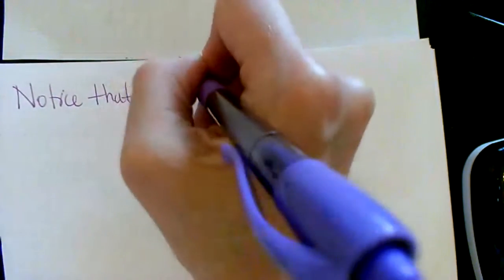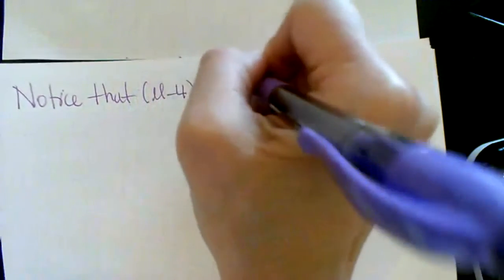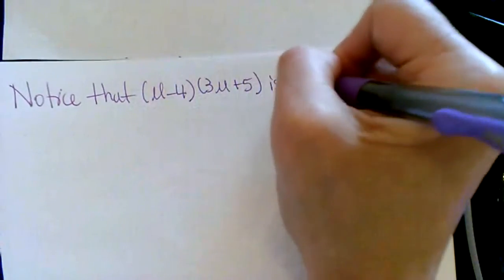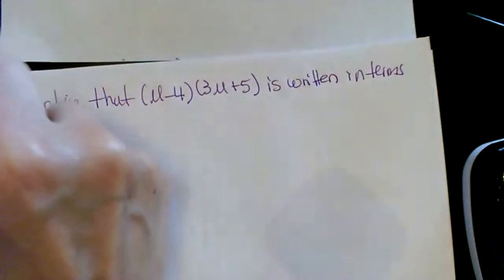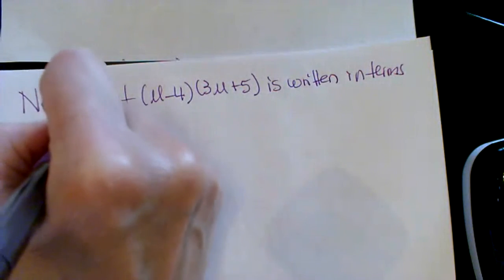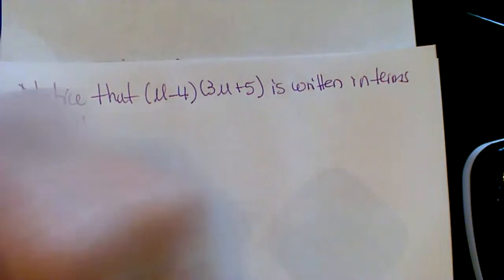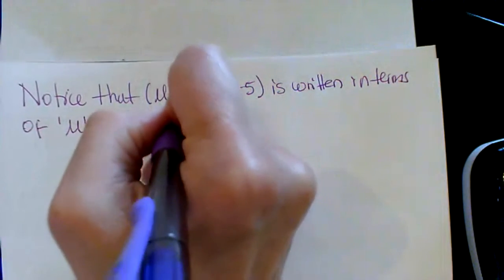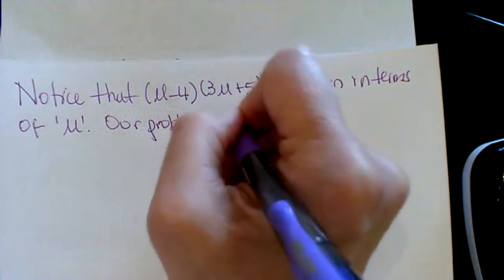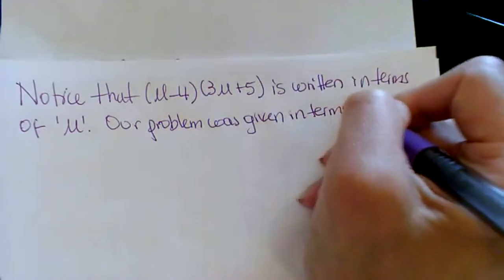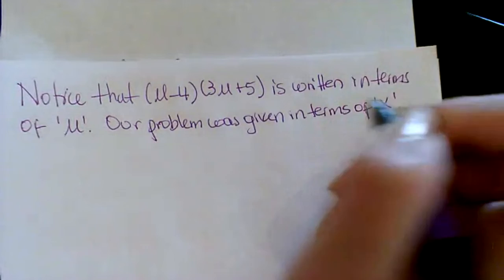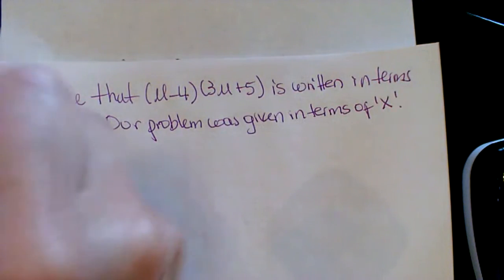Notice that u minus 4 and 3u plus 5 is written in terms of u. Our problem was given in terms of x. So we're going to replace the u.